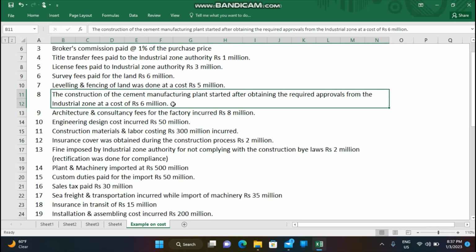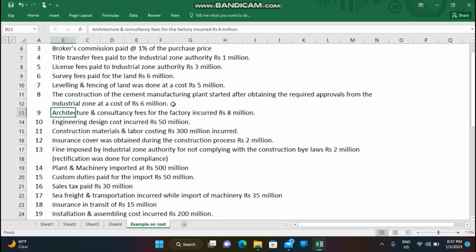So this cost is also a directly attributable cost towards the factory building, because without getting these approvals, construction of the factory building cannot be started. So we'll consider it as a directly attributable cost, and this will be included in the cost of factory building. So this will be the first item that will be included in the factory building cost.